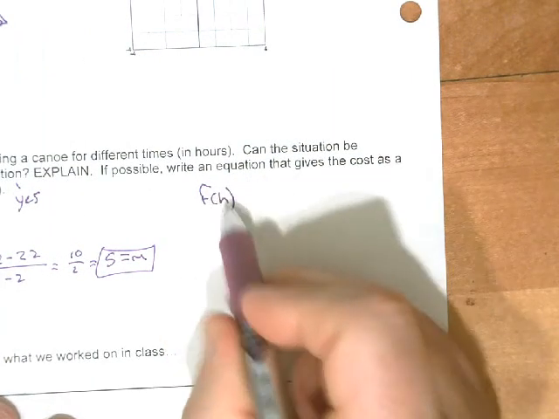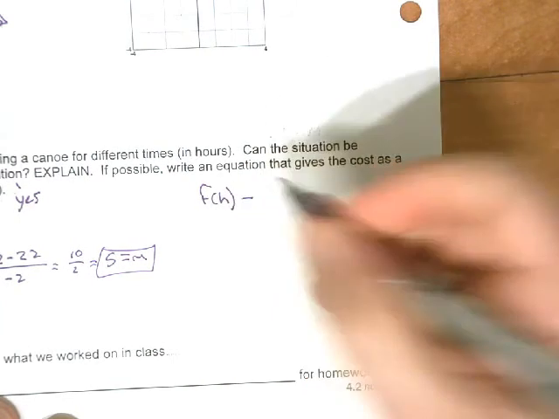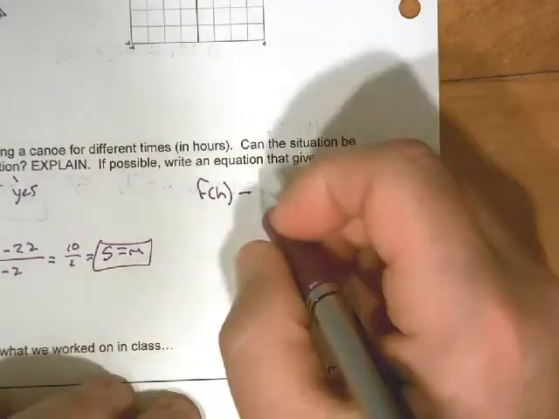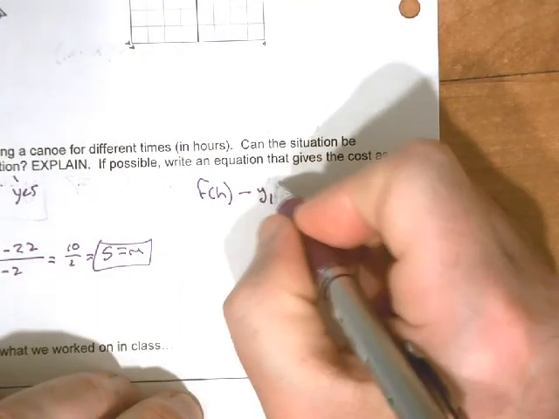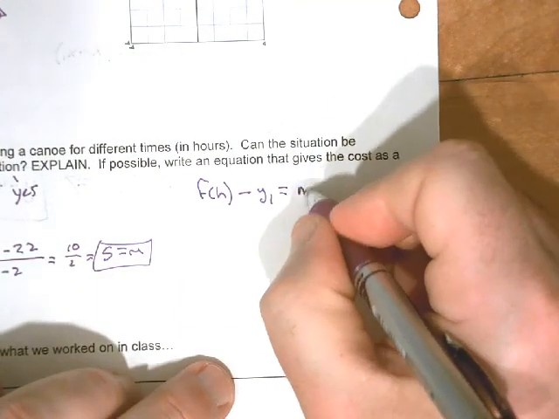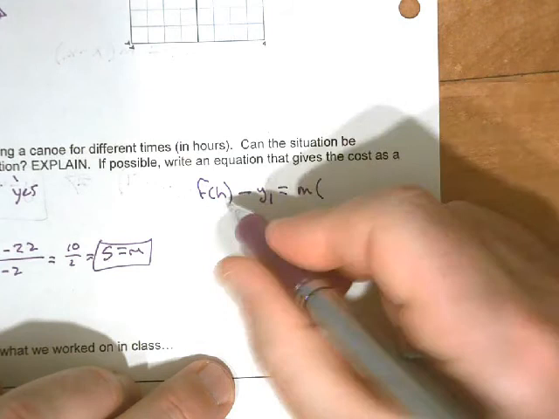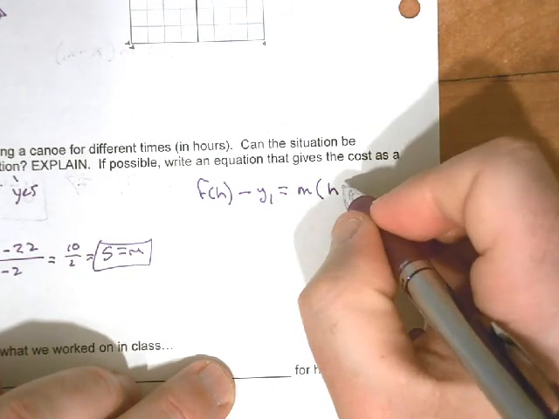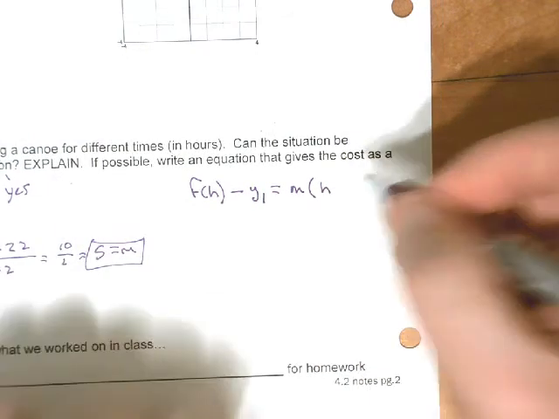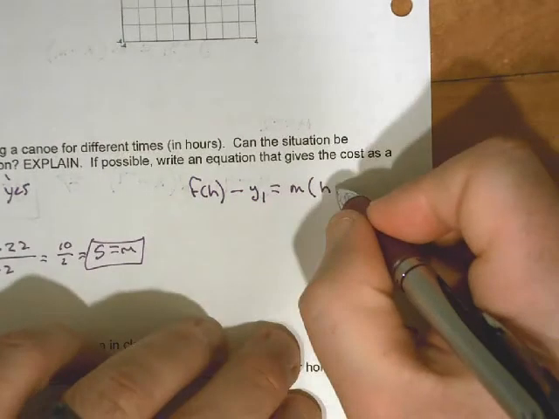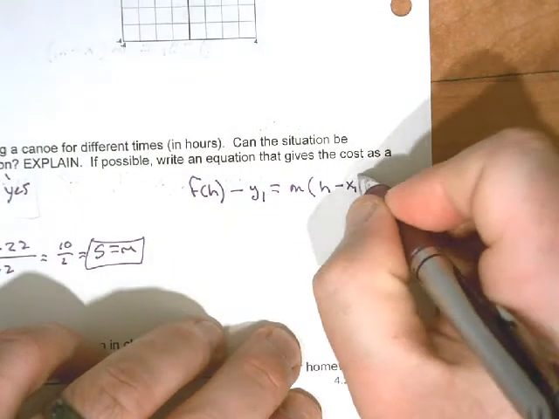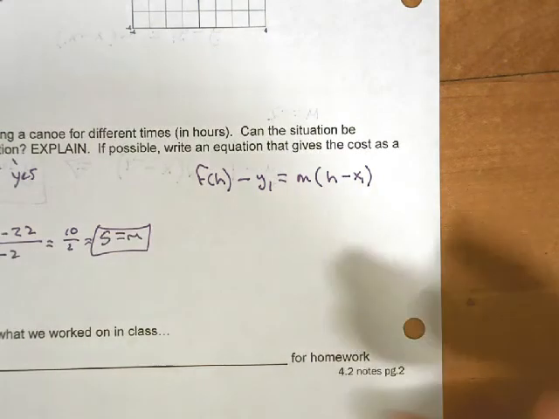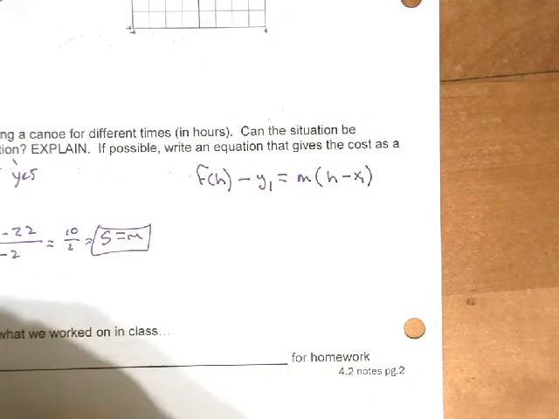So if we were looking at a function of our hours, that represents our y. And then we subtract that from one of our y values. So that would be y1, and that's going to equal m times h minus x1.